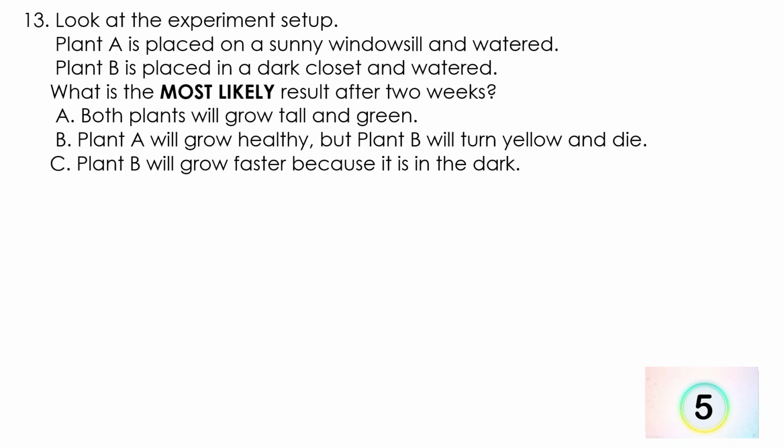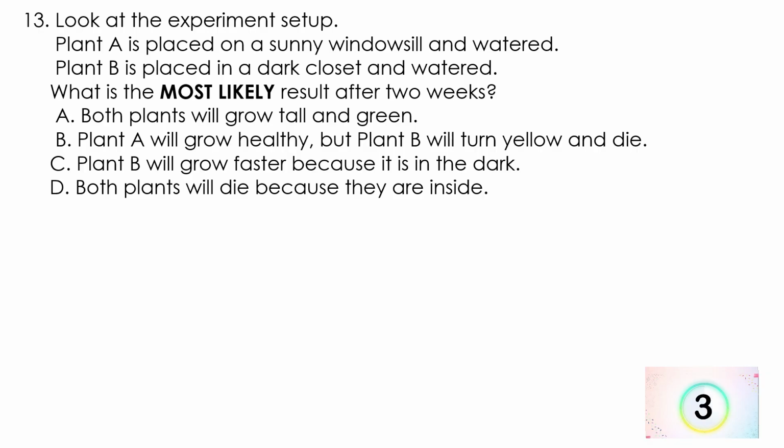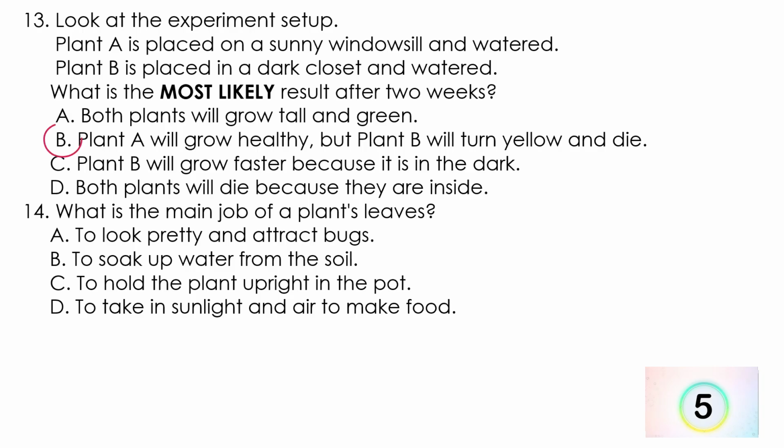C. Plant B will grow faster because it is in the dark. D. Both plants will die because they are inside. Answer is B. Plant A will grow healthy, but plant B will turn yellow and die.